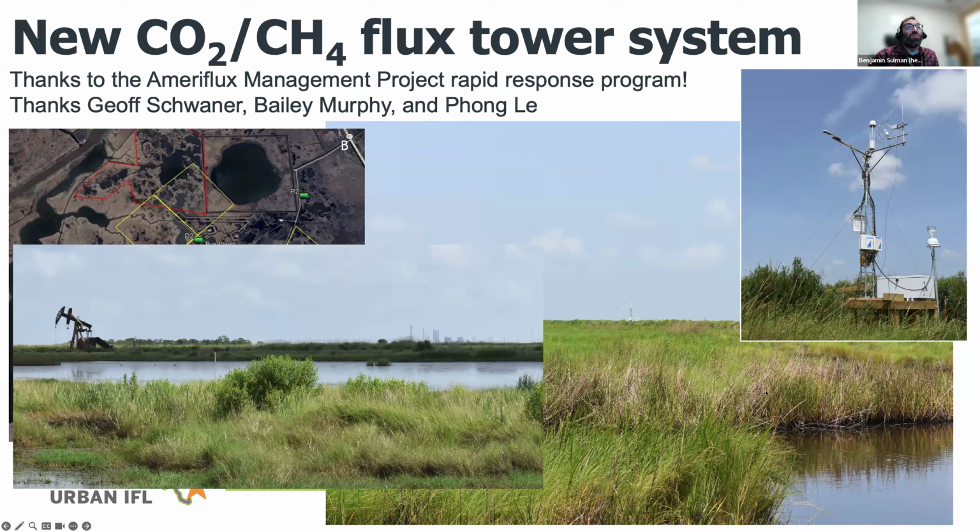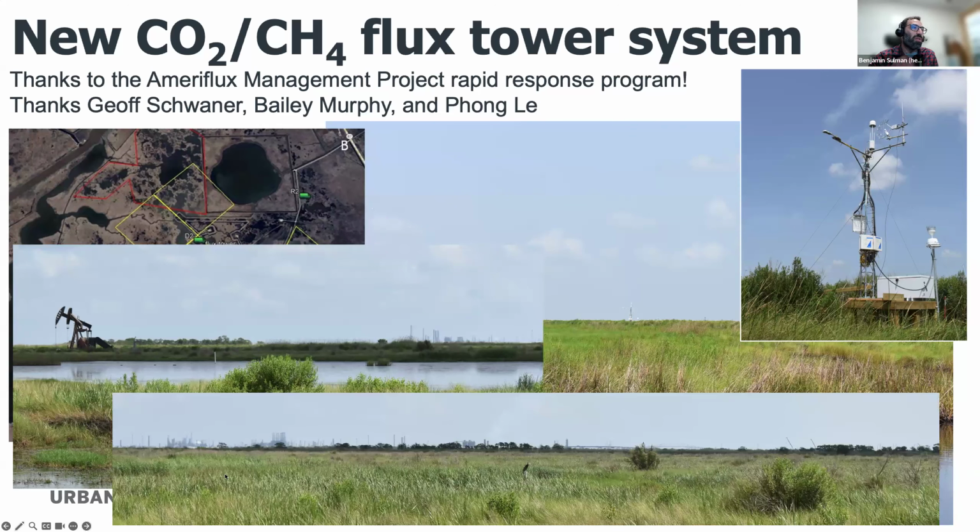I just want to remind people, depending on the angle, from this angle, it looks like a nice pristine marsh, but there's also a lot of activity going on here. There's some active oil derricks across the channel from here, which it's probably not close enough to really pick up much of with this flux tower, but depending on the wind direction, we might be able to pick up some methane plumes coming off of this oil activity.